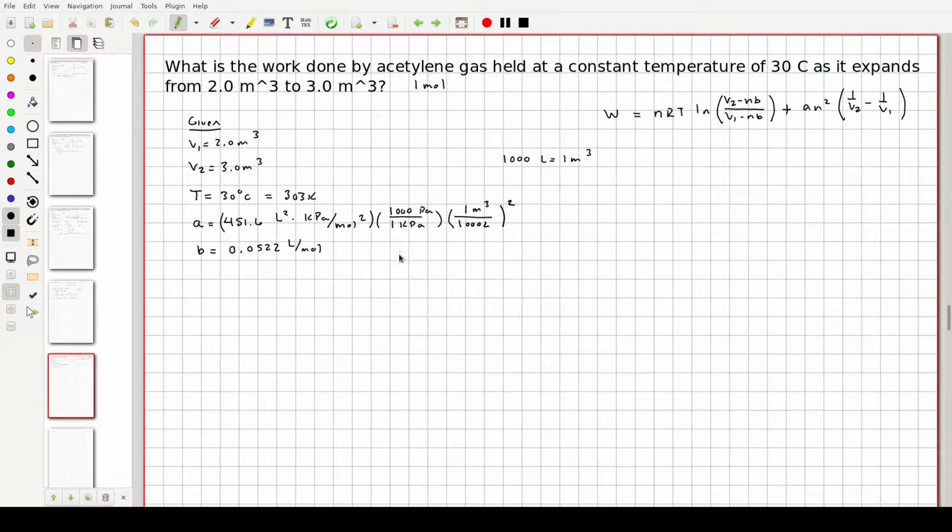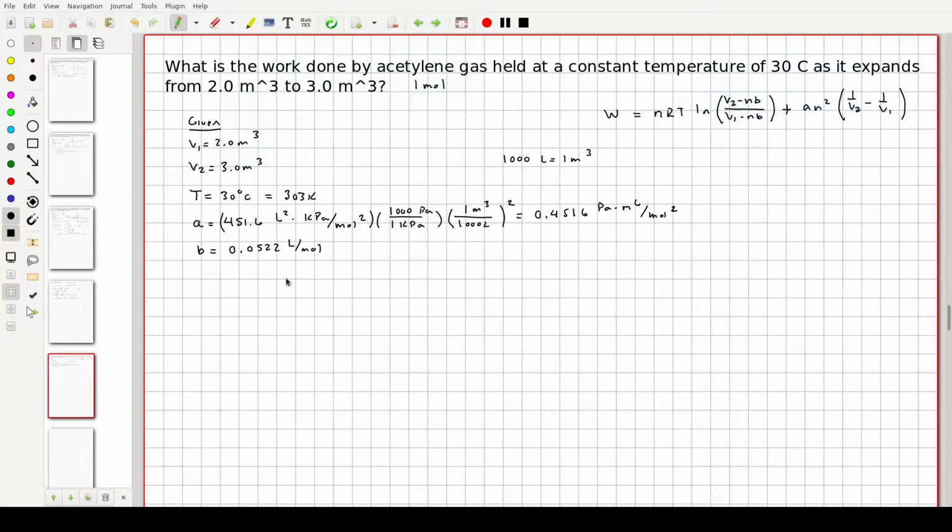But you have to do that twice because this is squared. Now you have 1,000 here and 1,000 here. One of these is going to cancel the other out, so you'll be dividing by 1,000. And when you do that, you end up with 0.4516 pascals meters to the 6 divided by moles squared.